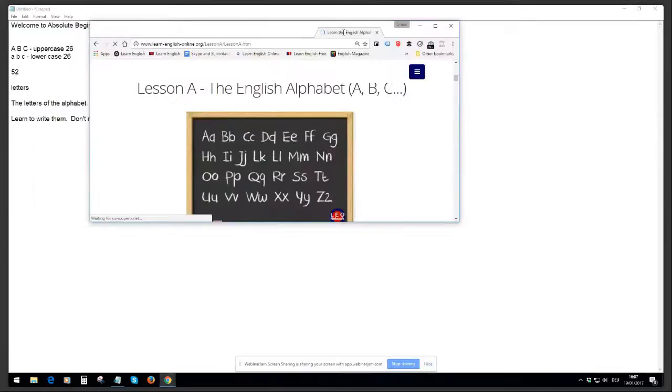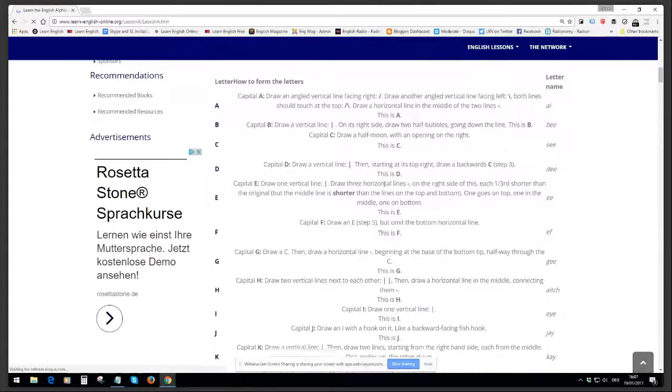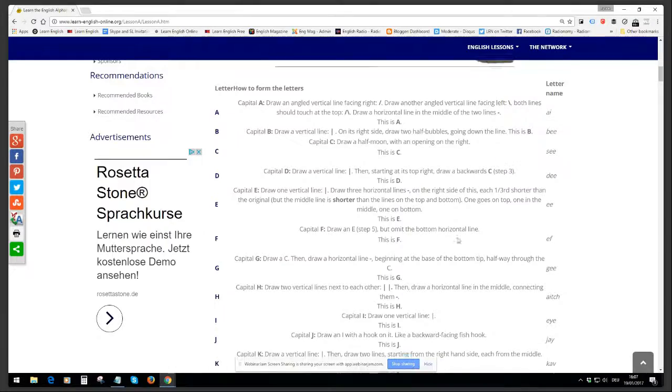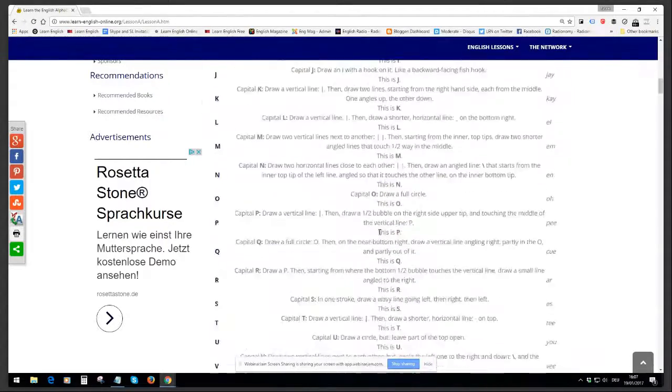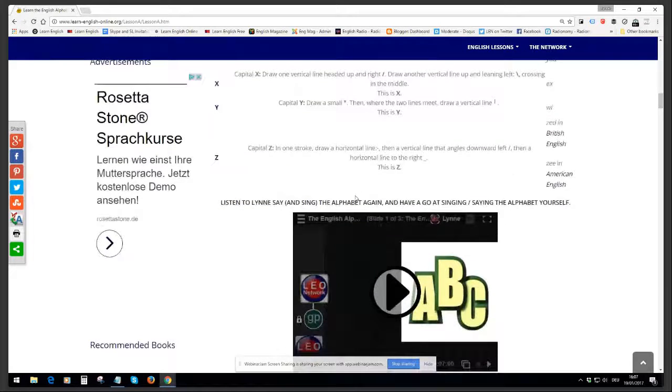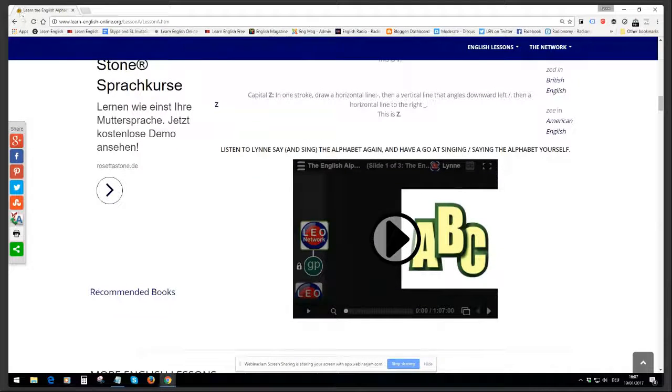And on the website, you'll find how to form the letters. How to draw the vertical letters, the lines, the round letters, and some of them are very easy, some of them are a little more difficult, but practice makes perfect. Now, when we're at school, we also learn the alphabet by singing it.